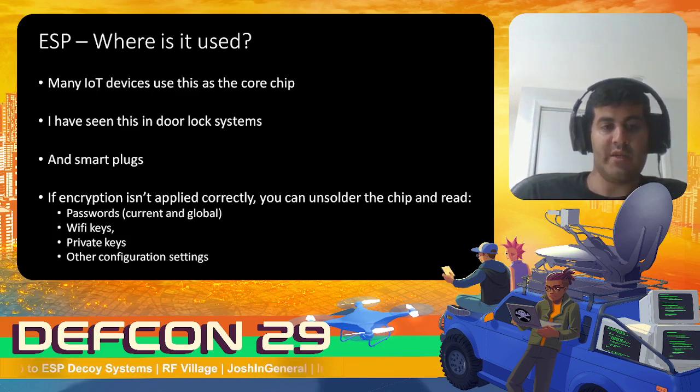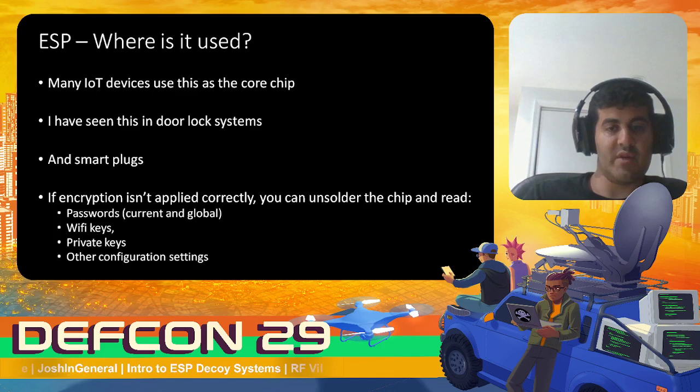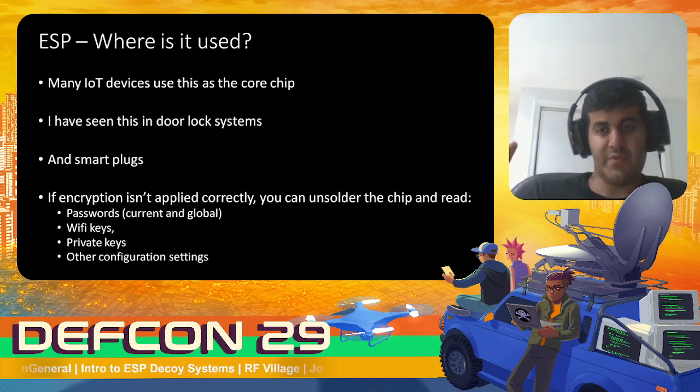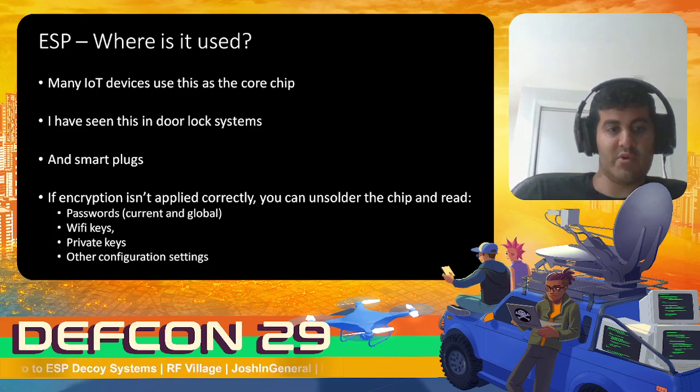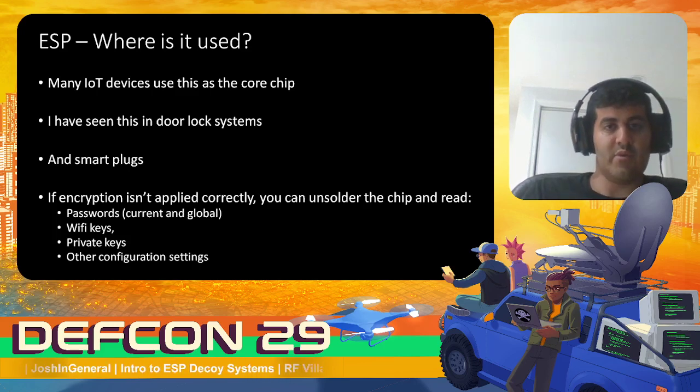And one of the interesting things that I've researched is that if the encryption isn't applied correctly, using a public-private key or APIs from a card reader, you can actually unsolder the chip and put it on a breadboard, and you can read the passwords, Wi-Fi keys, any other private keys, and even configuration settings that are stored on the chip. So that's something to be concerned with if you're worried about this being found behind enemy lines.